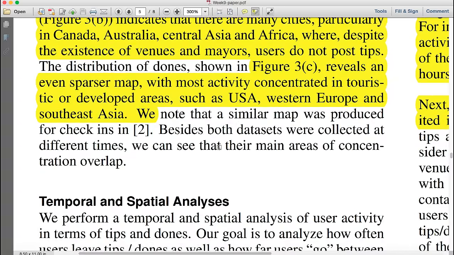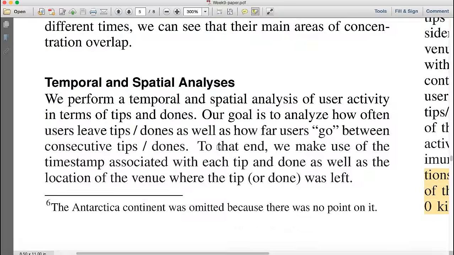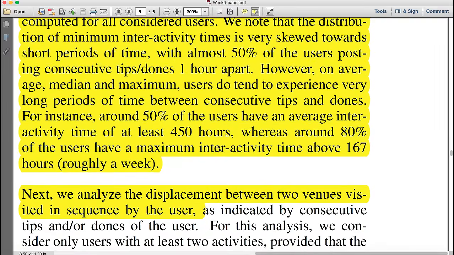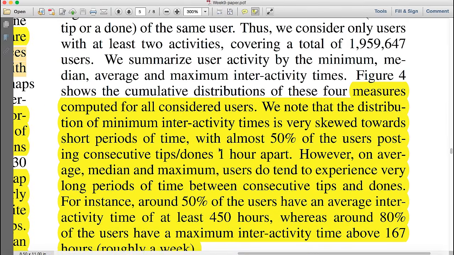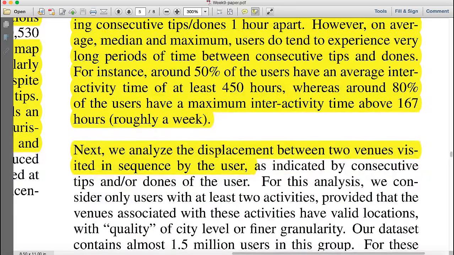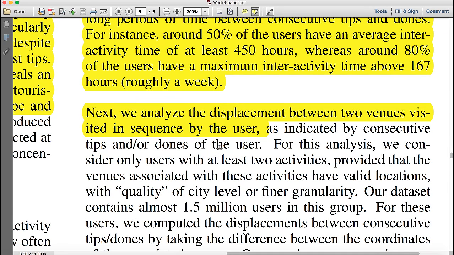Now let's look at the next figure, figure 5. So this part we already saw. Figure 5 is basically looking at the same question, but now we are analyzing the displacement between 2 venues.